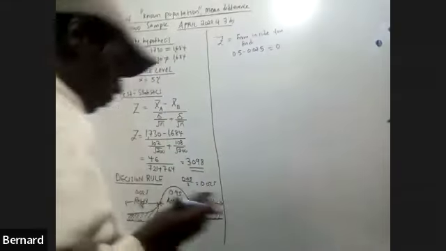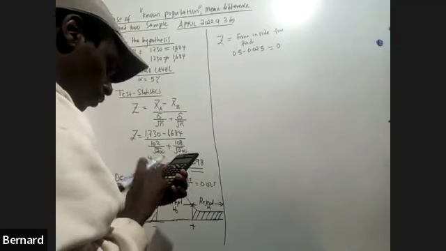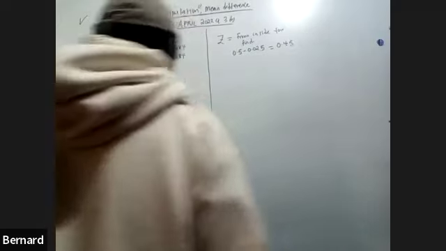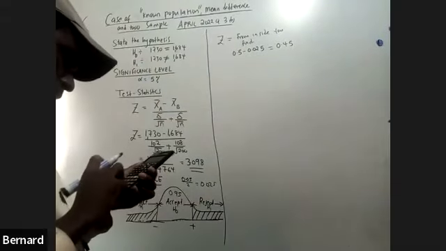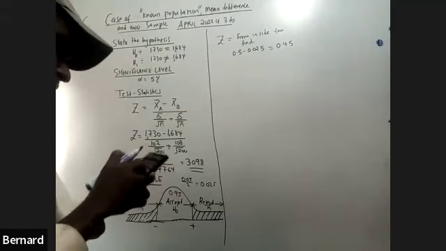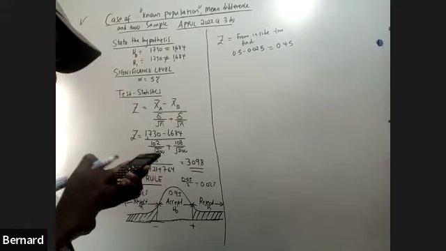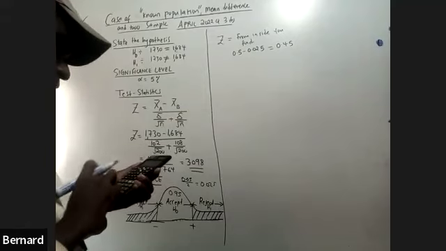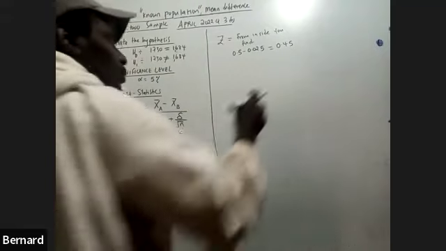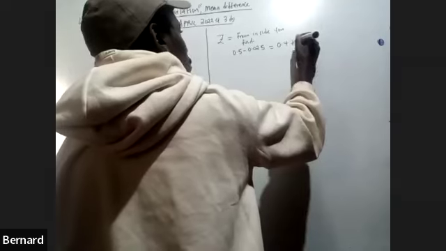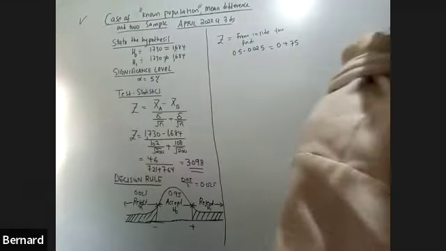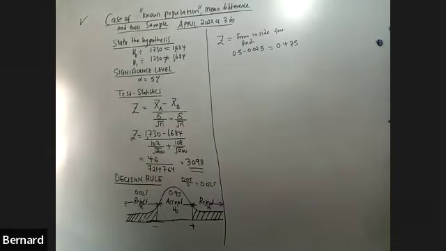This one will be equal to what? 0.5 minus 0.025, 0.475. Tunaenda kwa table. You find from the inside. So what will be the figure?